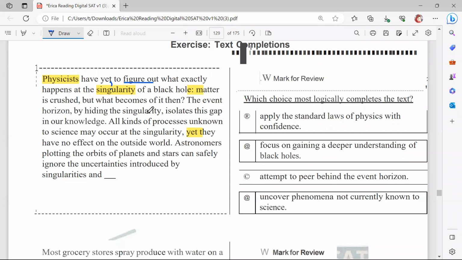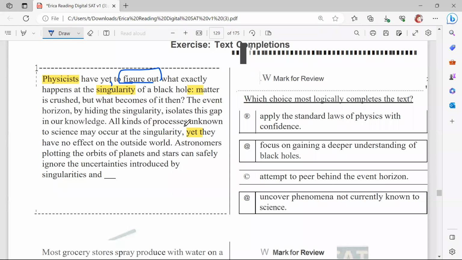You see, we are applying the tips, the points I was referring to in the presentation. So the event horizon isolates this gap in our knowledge, because they don't know. The physicists still need to figure out what exactly happens. So we lack this knowledge. The event horizon isolates this gap in our knowledge.